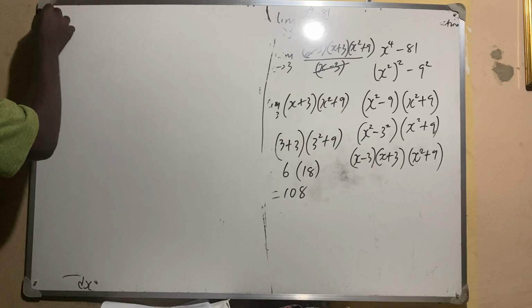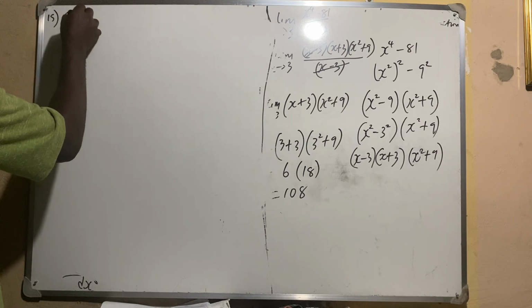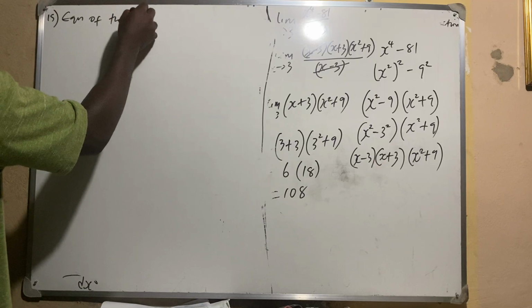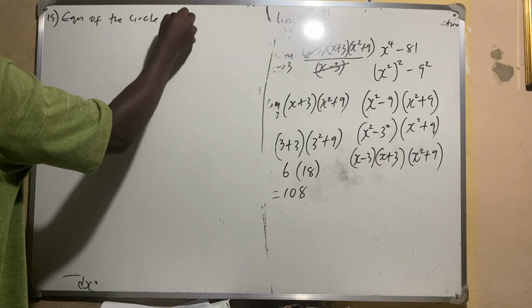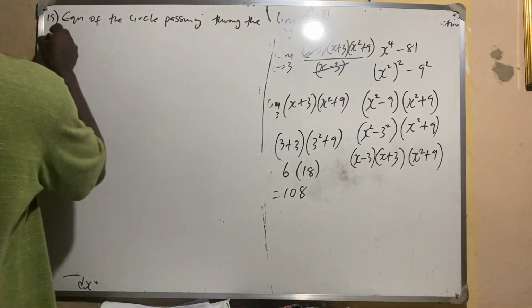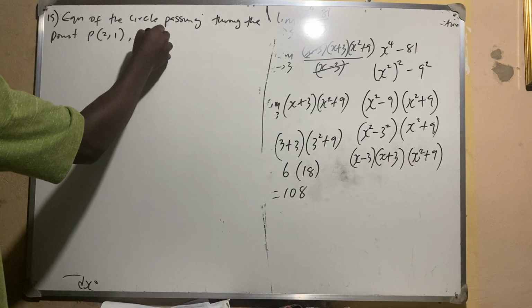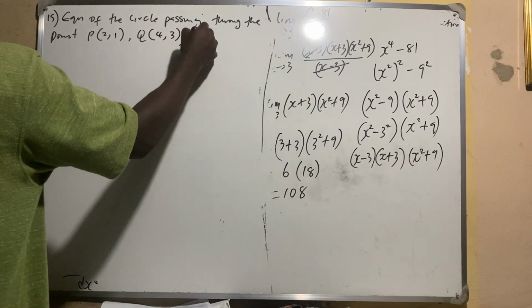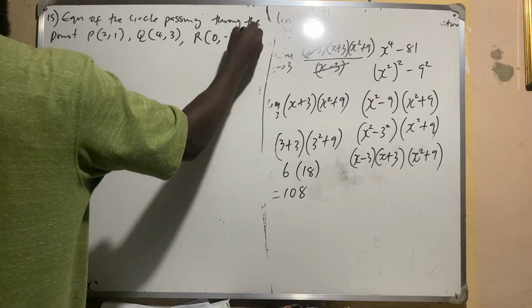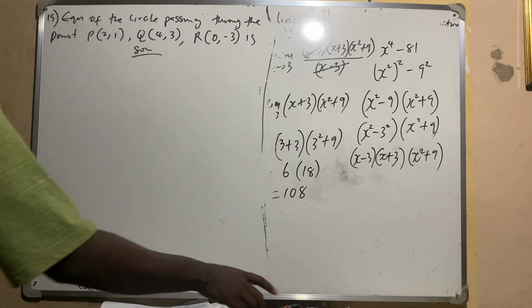So question number 15. I think I'm going to stop at 20 for this video, then we'll move to the next video. So question 15 says: equation of the circle passing through the points P(2, 1), Q(4, 3), and R(0, -3) is... This is one of the questions that takes time, because it will lead to a simultaneous equation of 3 equations and 3 unknowns.